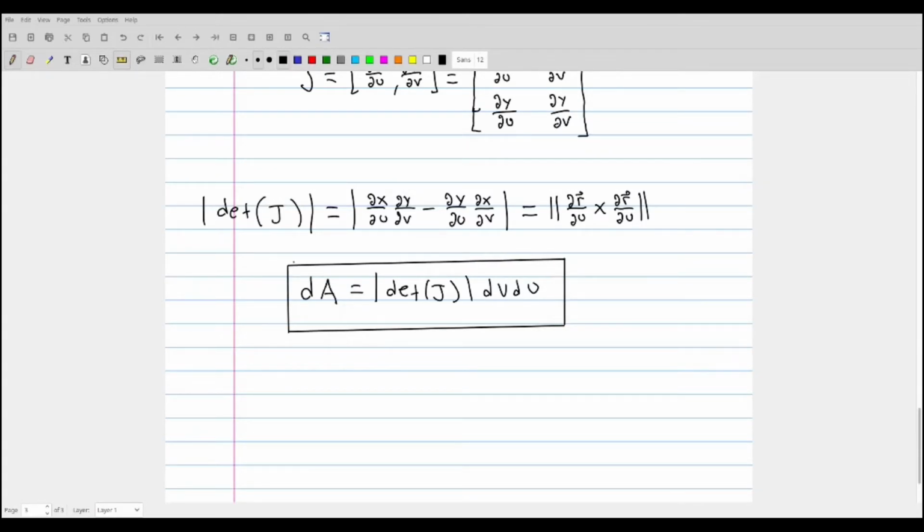And this formula can be used for any valid coordinate transformation to determine the proper way of taking the double integral in your new coordinate system. There are many useful coordinate transformations. There's polar coordinates, which is the main one that we'll focus on, but there's also what are called parabolic coordinates.